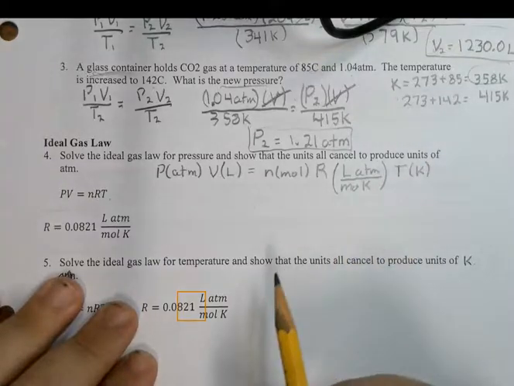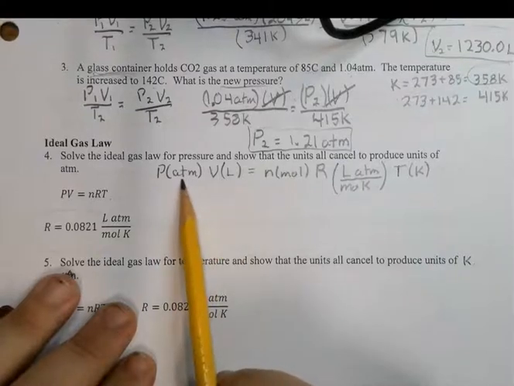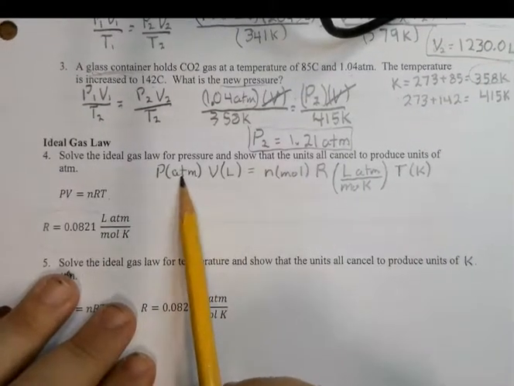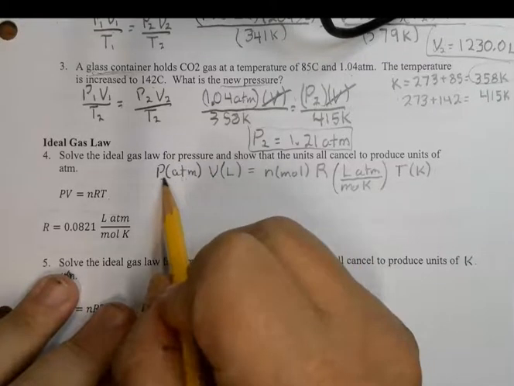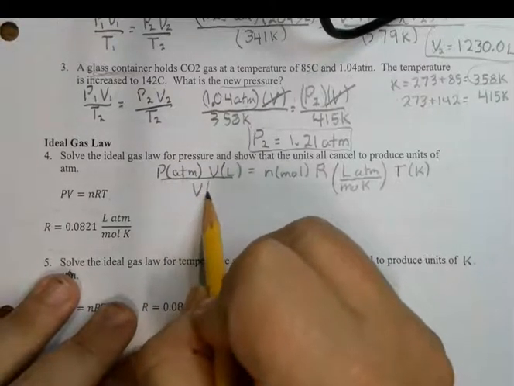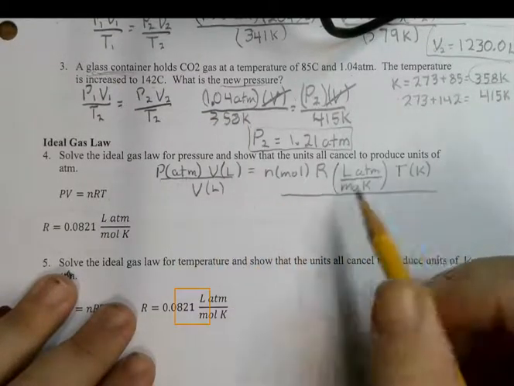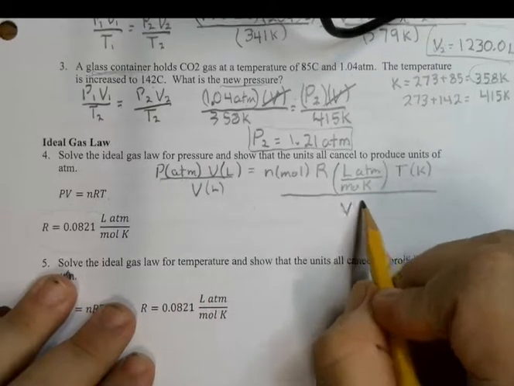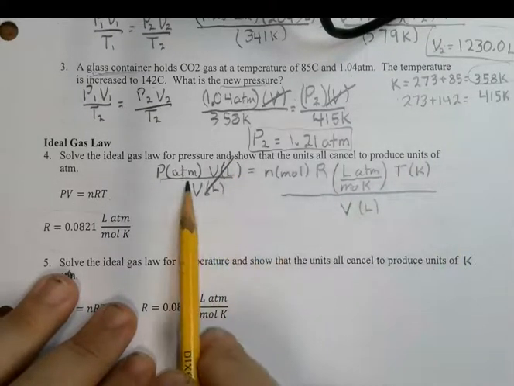So in other words, what we're going to do is divide both sides by V, because we want to solve for pressure. So that means we divide both sides by V. And this cancels out. So now we have P all by itself, so it's solved for P.